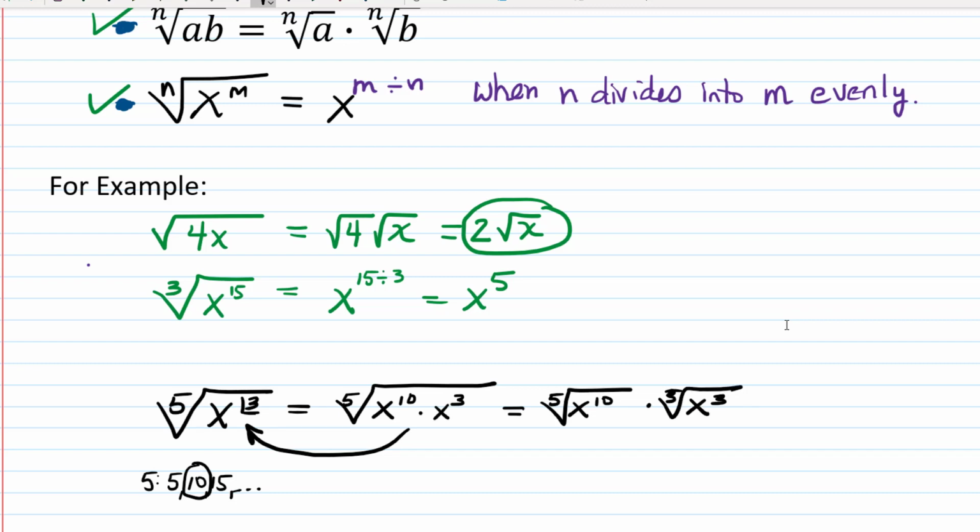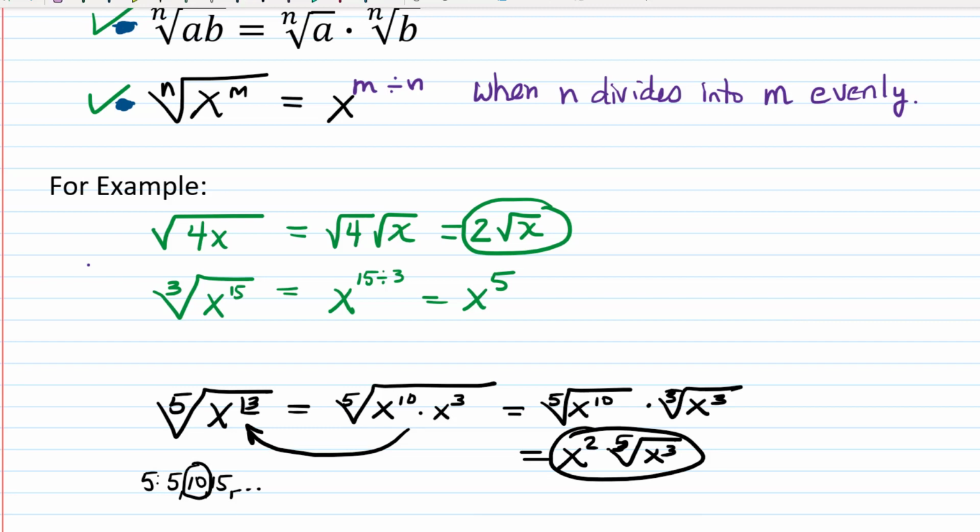The 5th root of x cubed cannot be simplified any further, but since 10 can be divided by 5, this is the same as x squared times the 5th root of x cubed.